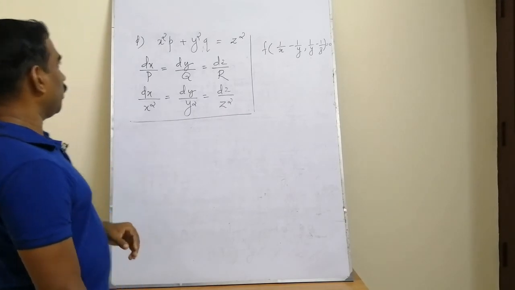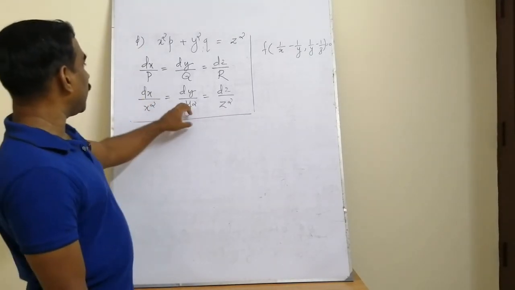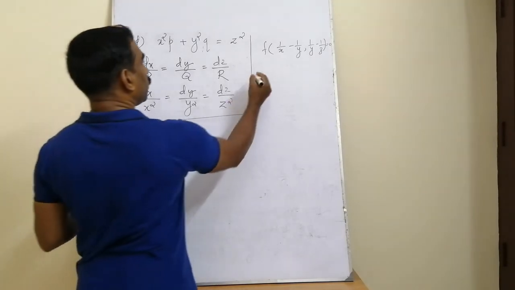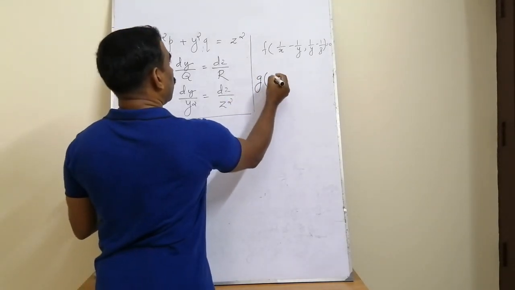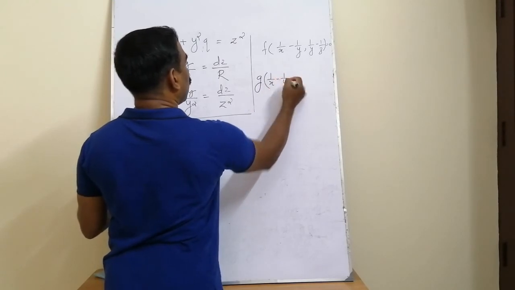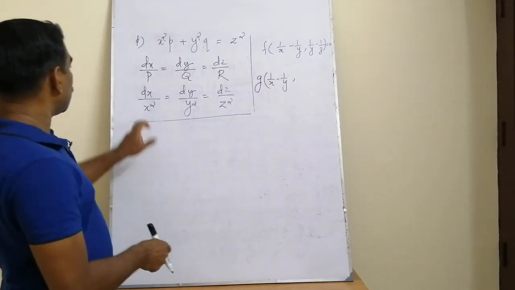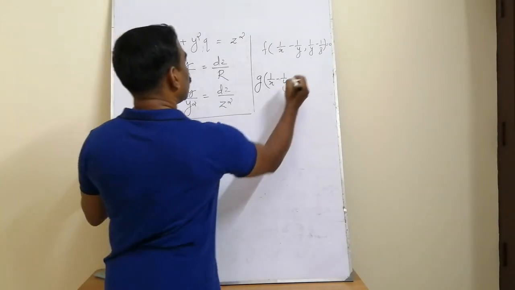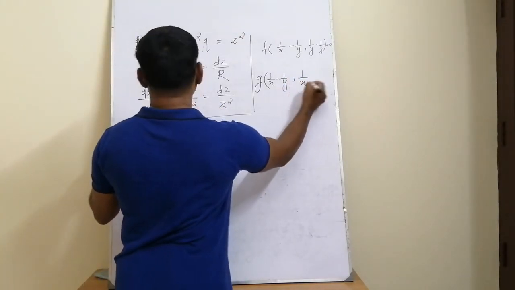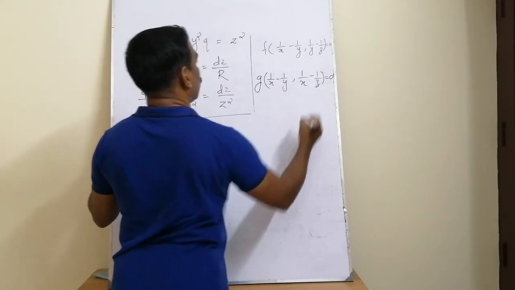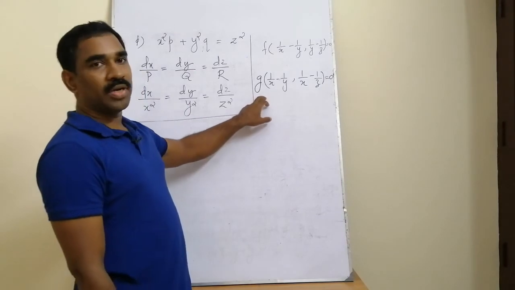And in the same problem, suppose we are taking the first and second ratios and first and third ratios, the solution would have been in the pattern g of 1 by x minus 1 by y, comma, if you take first and third ratios for the second set of grouping, the solution v will be 1 by x minus 1 by z equal to 0, where g is an arbitrary function.